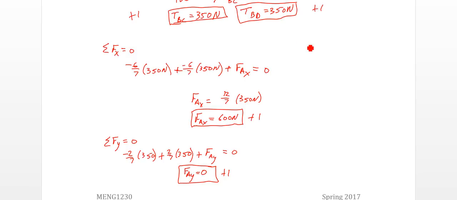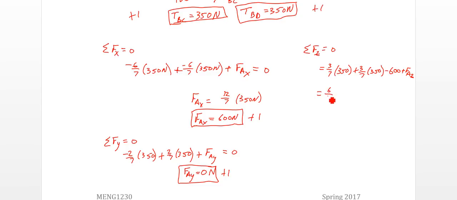And then our last one, the sum of the forces in Z equaling 0. So what do we have there? We have 3/7 times 350 newtons, let me put a newton down here just to be clear, plus 3/7 times 350 minus 600, and then plus FAZ. So what do we get there?